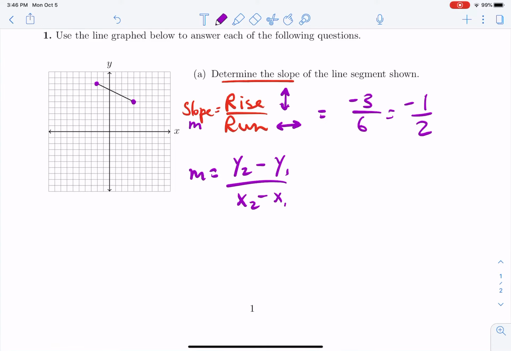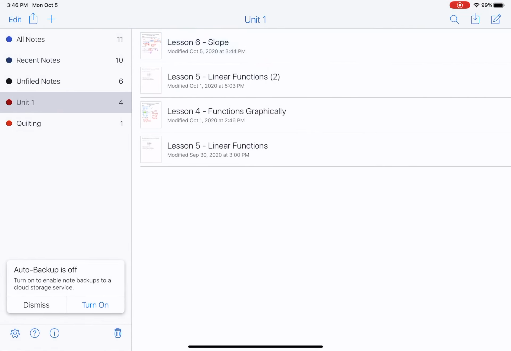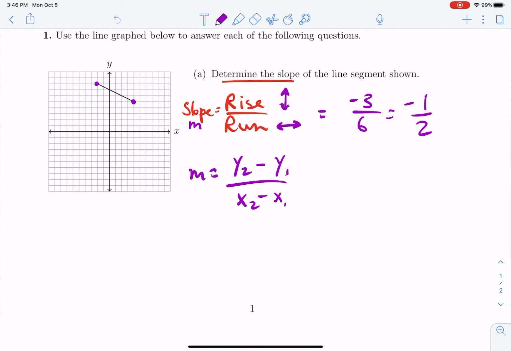Now we need to have some points for that to work. So our point on the left here, our x is -2, our y is 8. Our point on the right is x equals 4, y equals 5.